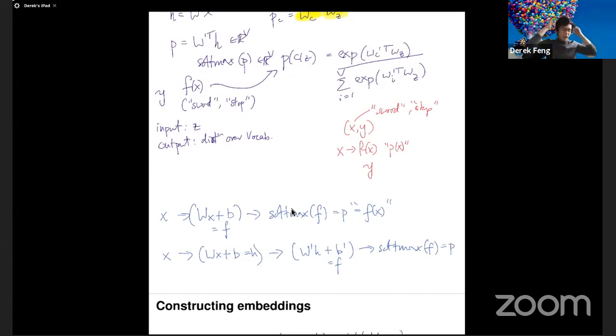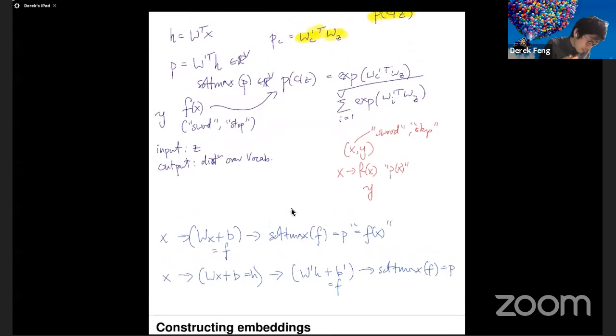So all a hidden layer is, is an intermediary step where you don't really see anything. You have a first step where you take a linear transform, then you have a hidden layer, and then you do something again.